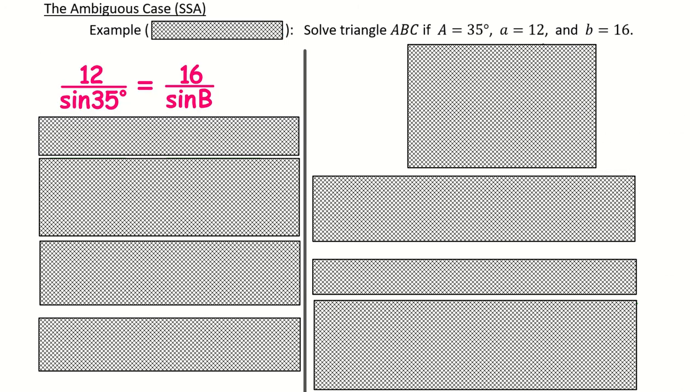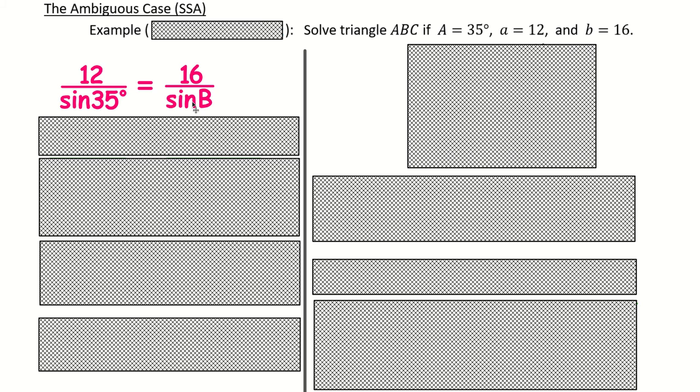But again, this is our only recourse right now. The A fraction equal to the B fraction. And again, we are destined to end up doing an inverse sine. That's in our future, for sure.